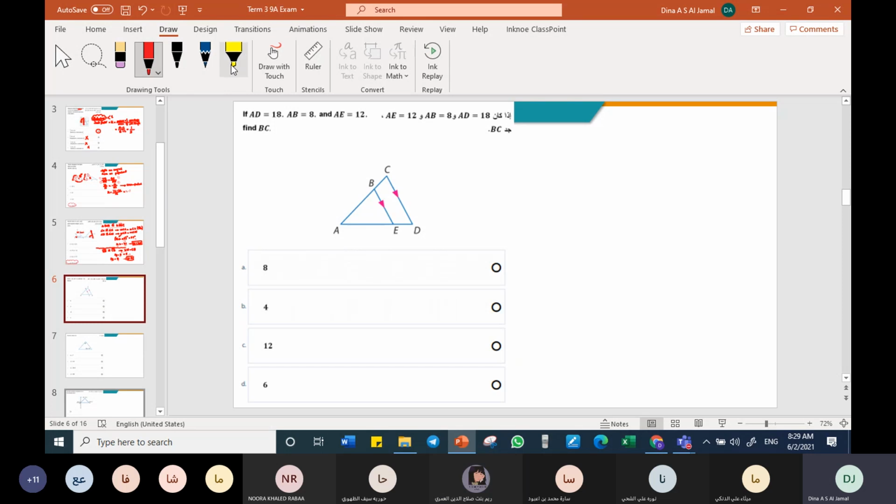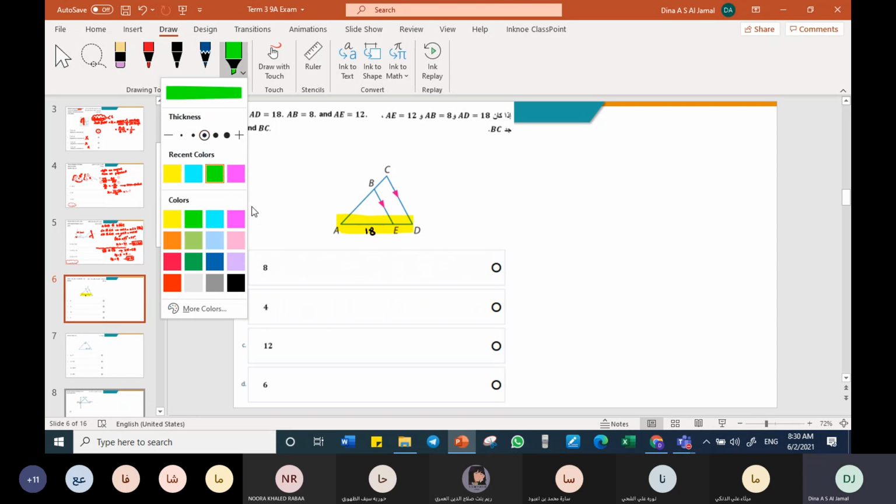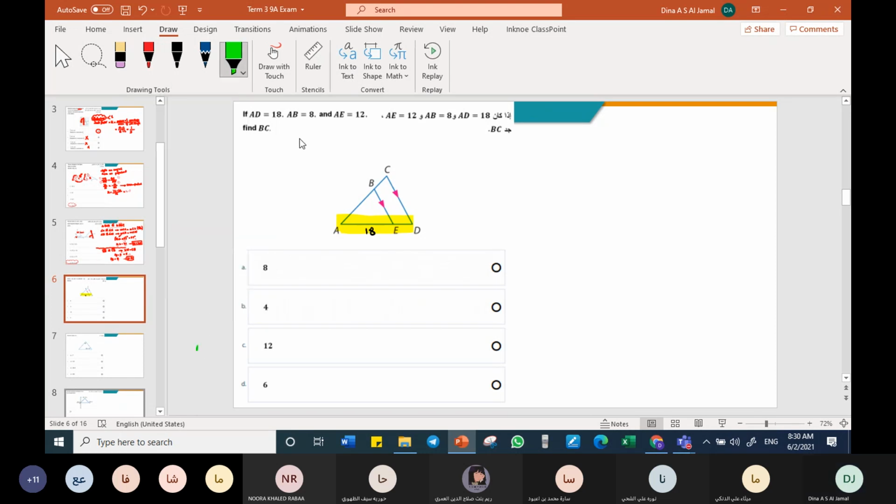So let's have a look now, and I will be using colors. If AD, that means he is giving you all of this, and he is telling you that all the yellow part will be 18. Then he is telling you AB to be 8. The green part is 8.